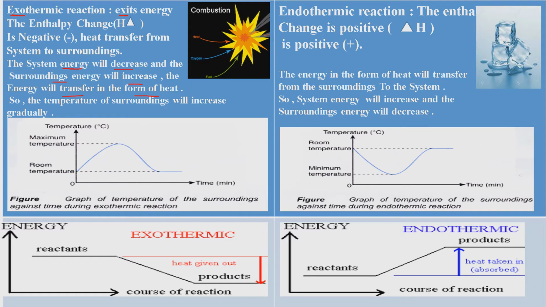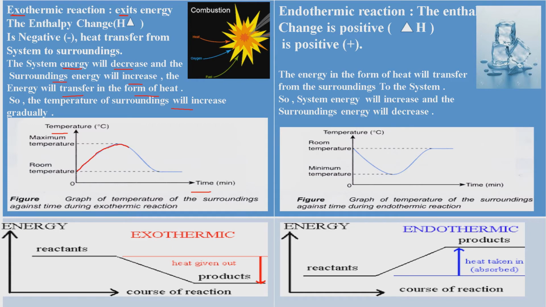We can see the increase in temperature of the surroundings in our figure, the diagram indicating the relation between temperature and process of reaction. During the process of reaction, the temperature of the surroundings will increase directly until reaching the maximum temperature.